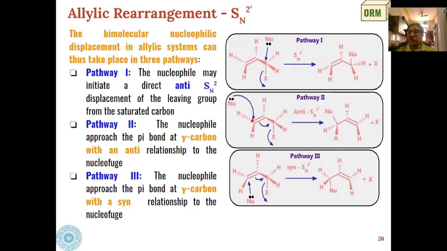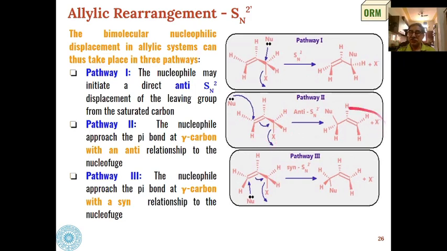So such a pathway is called anti-SN2 dash pathway. This is 2 dash because the nucleophile has attached to the gamma carbon, not to the same carbon to which the leaving group was attached. So this is a rearrangement reaction.